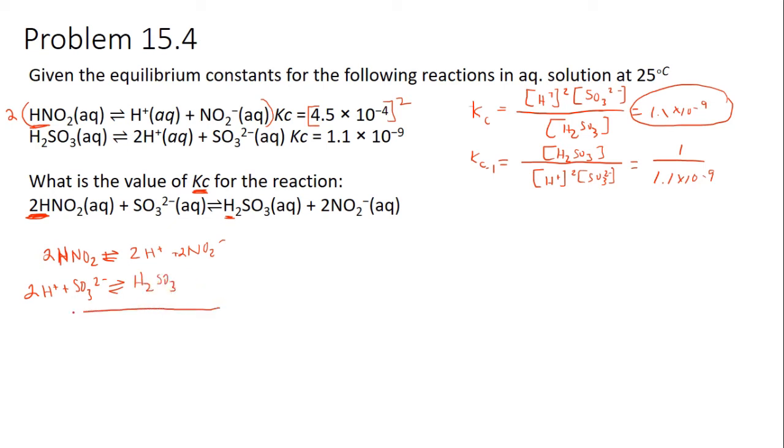And now we want to add both those reactions together. What can we cancel out? This will cancel out, this will cancel out, and we're left with the nitrous acid, 2 molecules of nitrous acid reacting with our sulfite, giving us sulfurous acid and 2 molecules of nitrite. And so now we've got the reaction we're looking for.